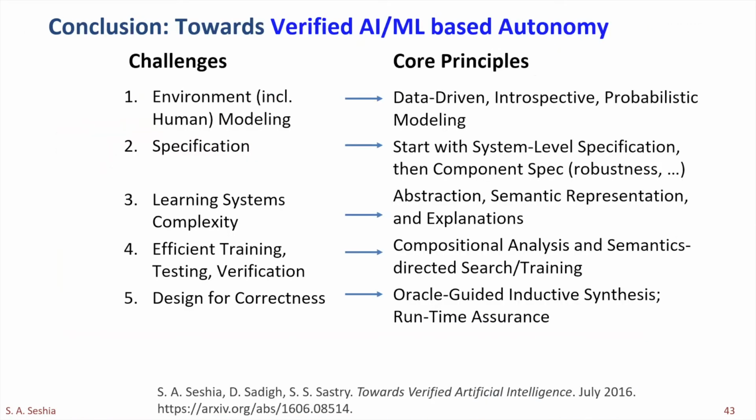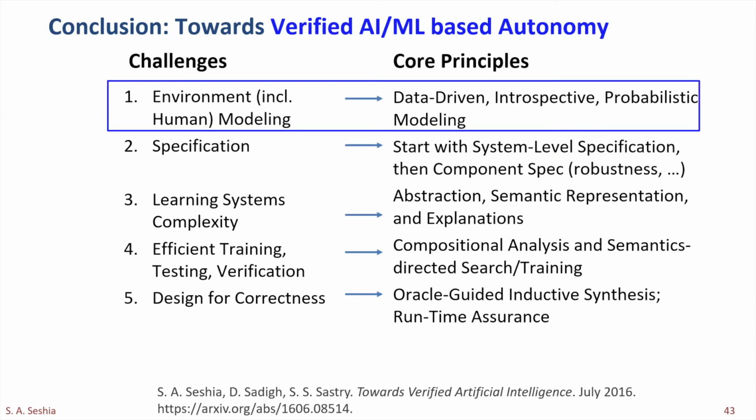Okay, so I want to conclude by going back to the challenges for verified AI that I talked about at the beginning of the talk, and just summarize the principles that we presented back in 2016, and what we've learned along the way. So for environment modeling, we've been following a three-pronged strategy.